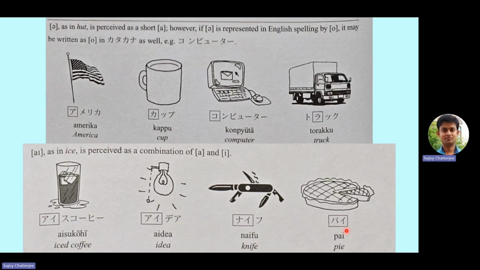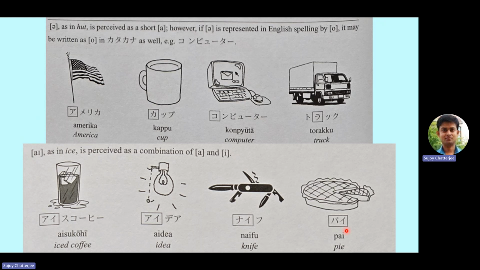Next is a sound, as in hut. It is perceived as a short a. However, if the a is represented in English spelling by o, it may be written as o in katakana as well.